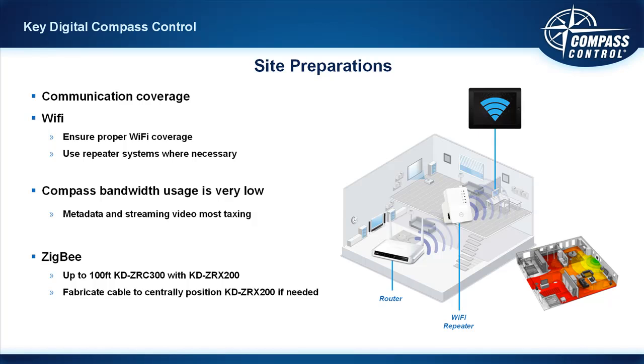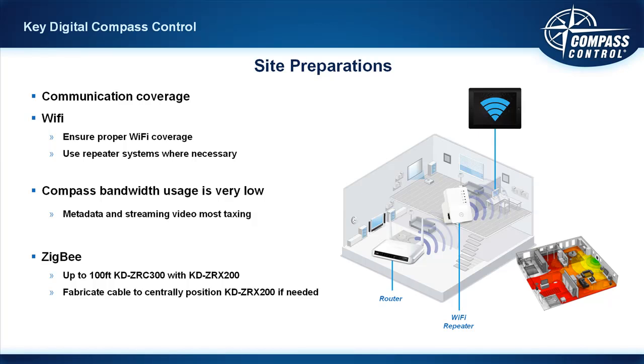Now, of course, we can't guarantee everything. Brick walls, concrete walls, etc., are going to have a different effect on the system than standard drywall in a home. Now, that being said, that 100 feet that we advertise is a very conservative number.